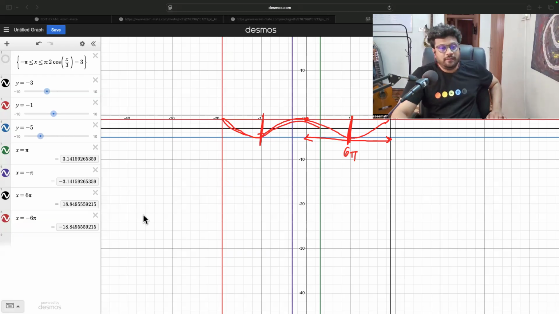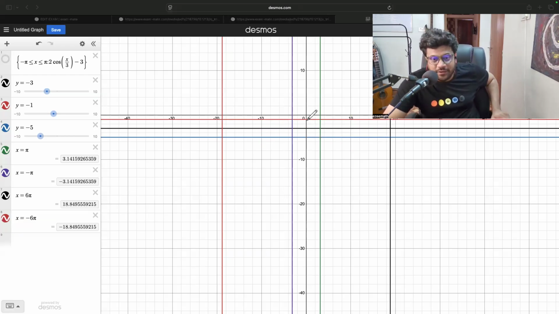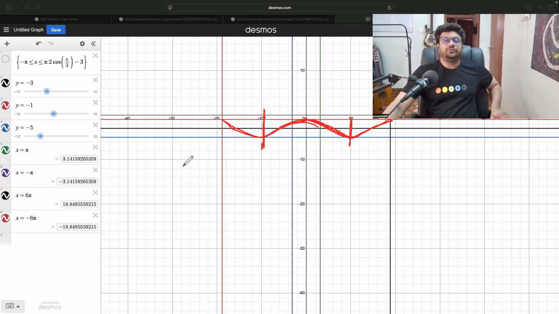There it is, x equal to 0. That's where the cos will start. At 3π, there's going to be half the wave, and another half out there. And on the left, I'd go again 3π. Somewhat like that. That is what I'm expecting the cos curve to be like.